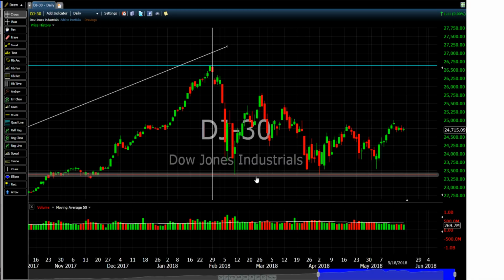This is where it stops. Then it goes up, then it goes down, then it goes up, then it goes down, and it touches the support line, but it didn't go through. Then it goes up, it goes down, then it goes up, and we are now here. So until we see all this going under or going up, then we say that we are in a new trend or in a bear market.